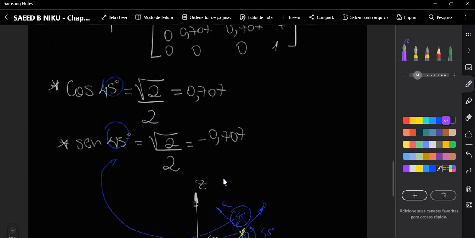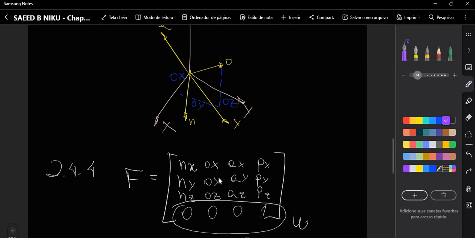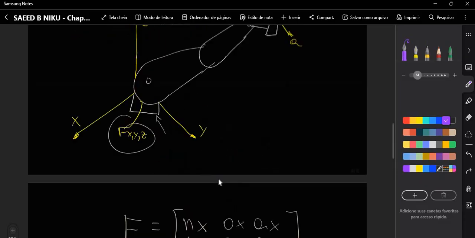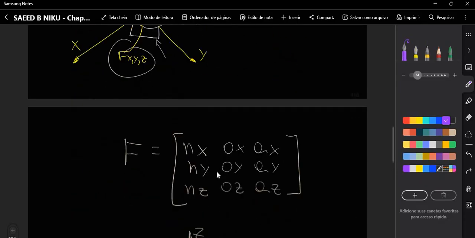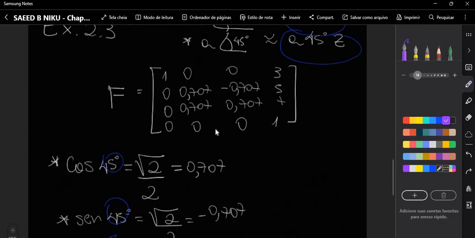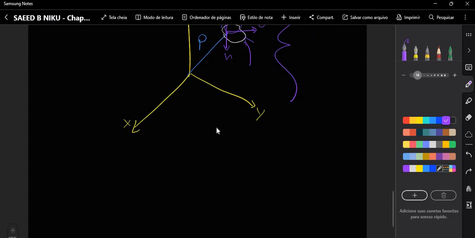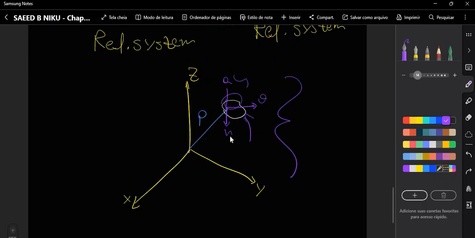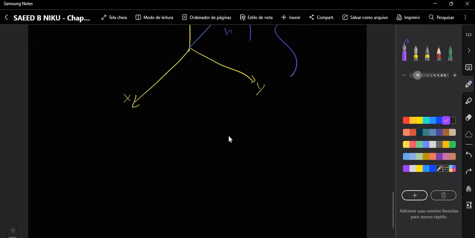We also saw how to represent points and vectors in matrix form. For a rigid body it is not different.